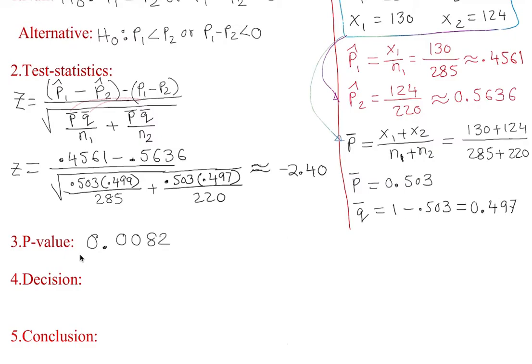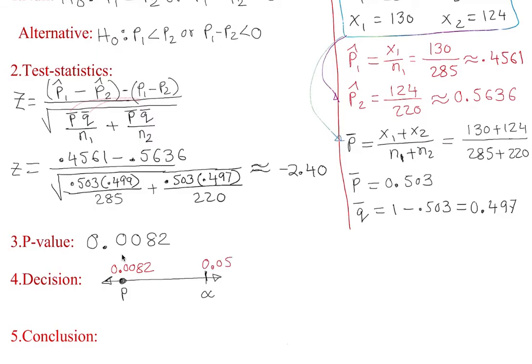So now it's time to come up with a decision. How do you decide? I want to make sure we understand this very clearly. Phi is 0.0082 and alpha is 0.05.